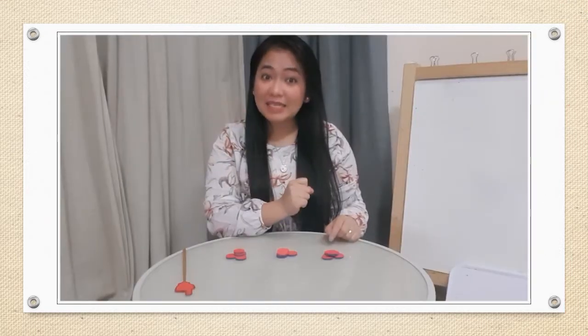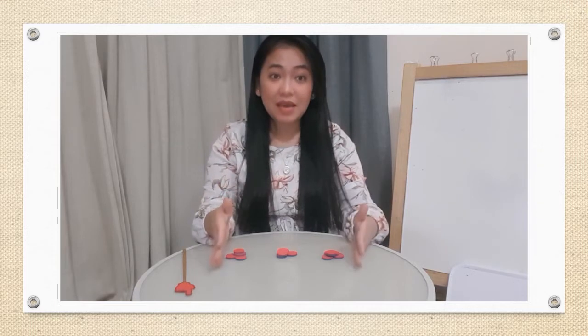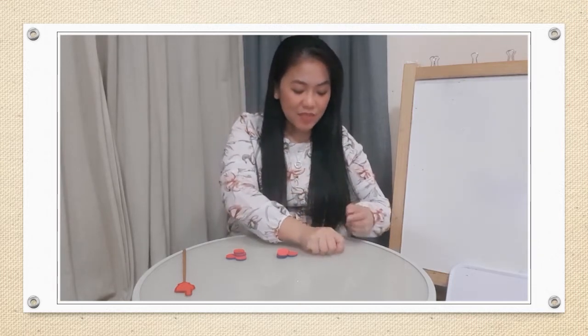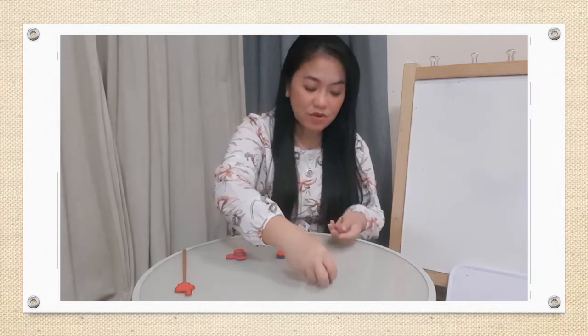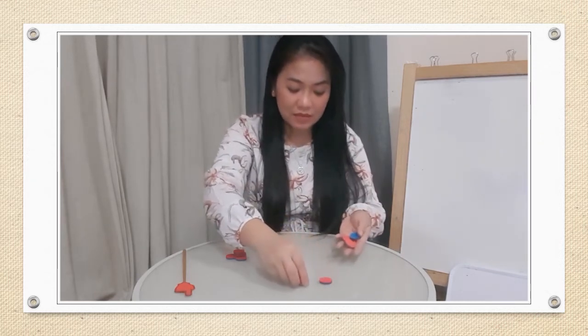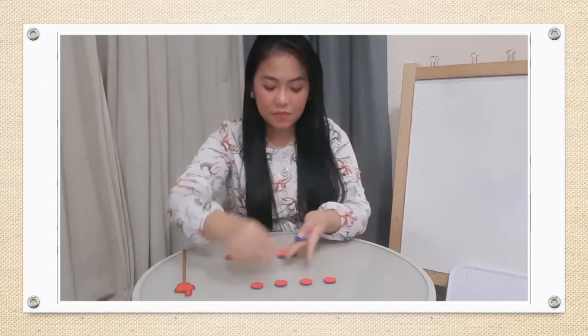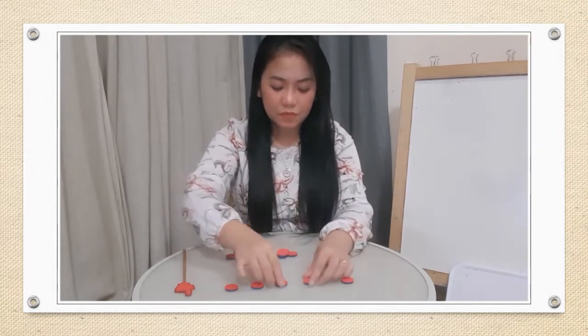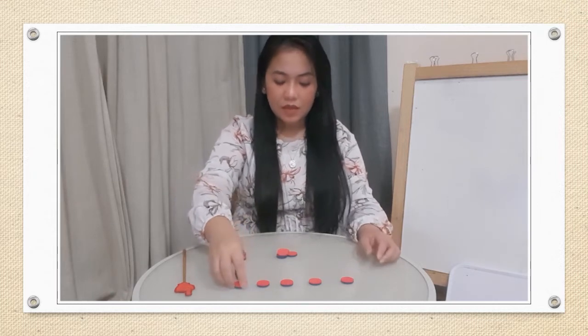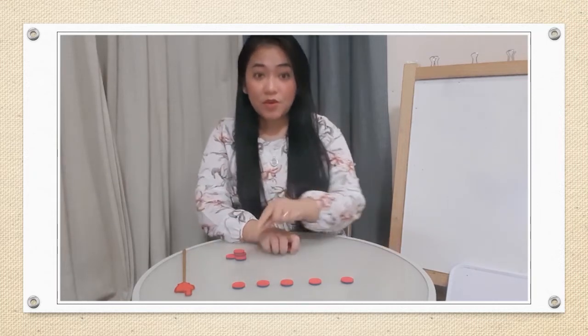Oh yes! Making an array can help me show you better the three equal groups of counters. So let me start with this group of counters. I'm going to make one row using these counters. There. One row.